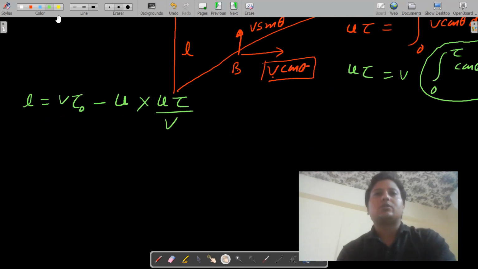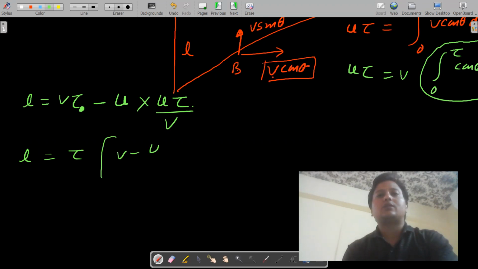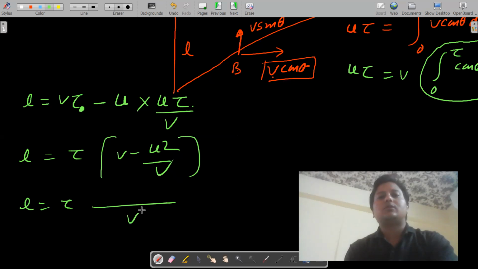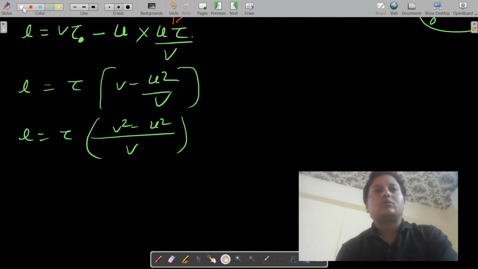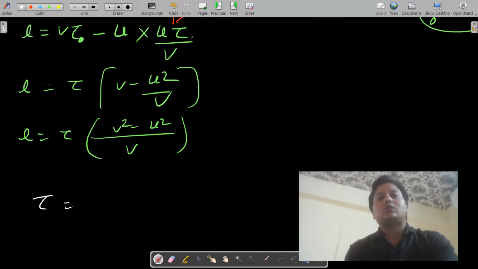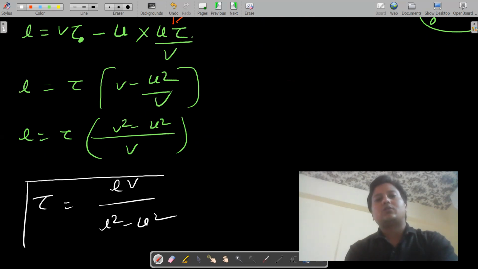So solving these terms, with time tau or tau naught being the same thing here, and taking tau common, we get (v minus u squared over v). Taking the LCM, that comes out to be v squared minus u squared. So what will be the tau? Tau is L v over (v squared minus u squared). So this is the required time in which both particles converge.